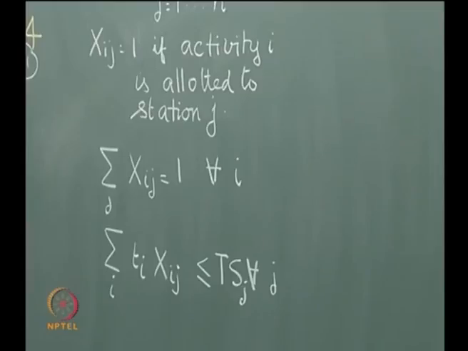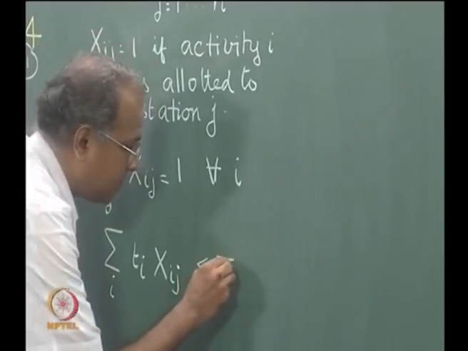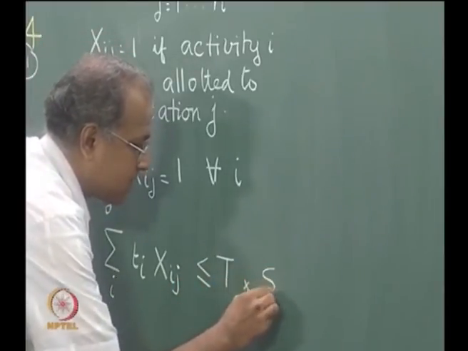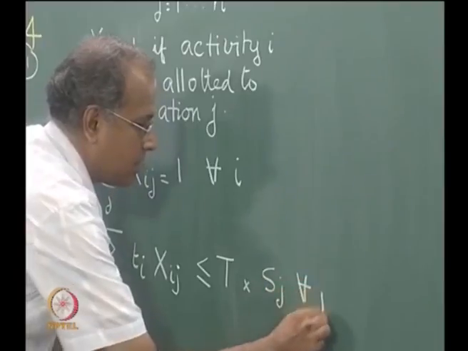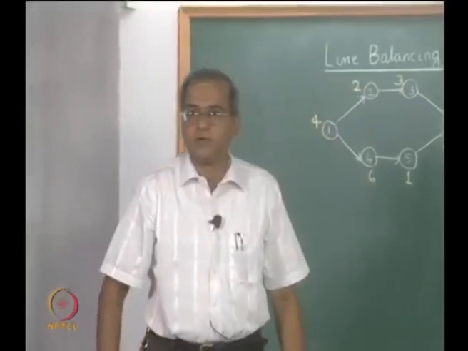So I will write it as t into Sj for every j. Only when Sj equal to 1 is that workstation chosen and activities can be assigned to it. So you cannot assign activities to a workstation that is not chosen, and for every chosen workstation the sum of the activity times should be less than or equal to t.